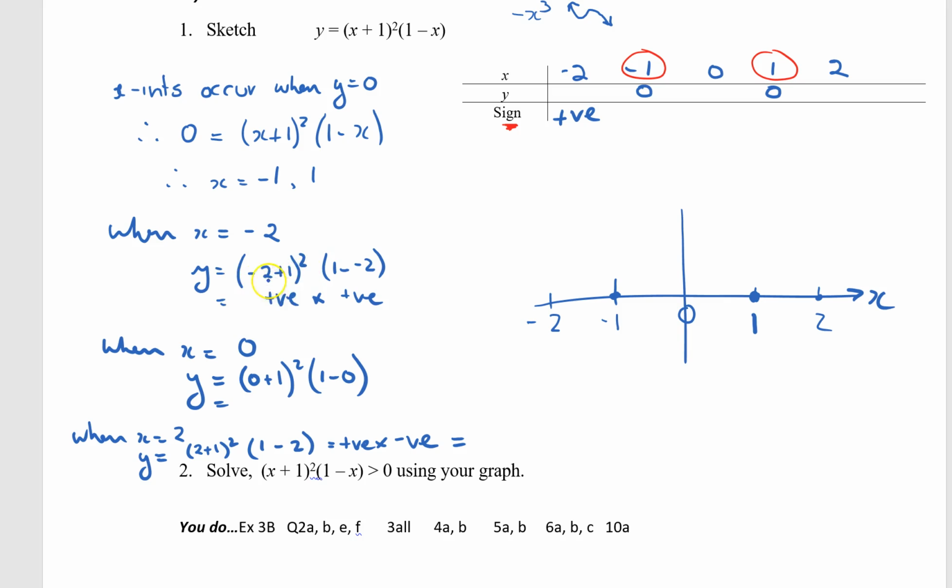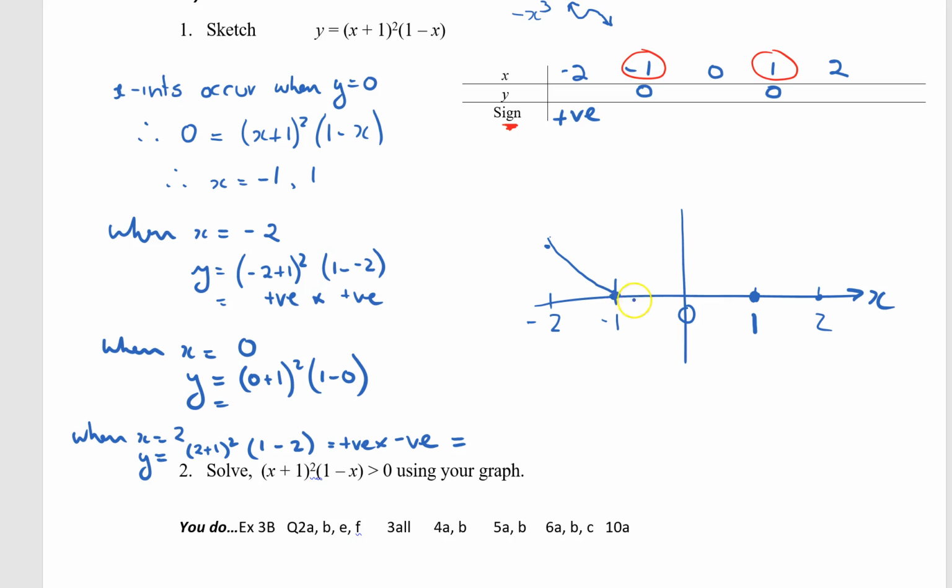Any bracket squared will be a positive answer. And 1 subtract negative 2 is also positive. So a positive and a positive would give me, at x is minus 2, a positive y function value. So it's up here. So for this much, we can see we're coming down.